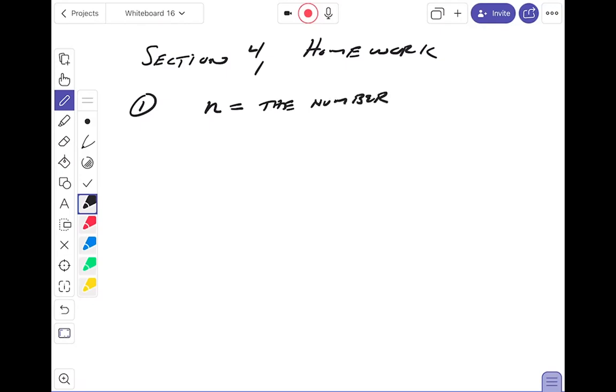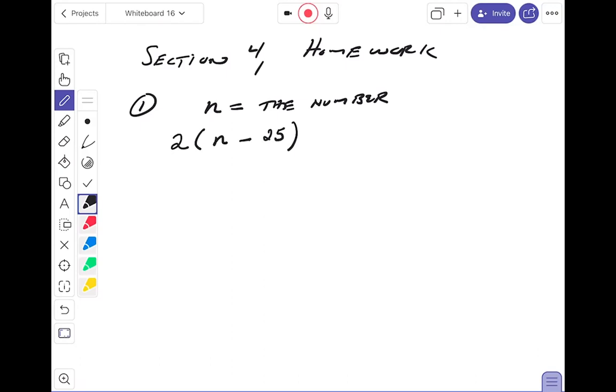Now, what does it say? Let me read this to you. It says twice the difference. All right, so it's twice the difference. Now, difference has to have 2 terms in it. It says the difference between a number and 25. So it's the difference between a number and 25.